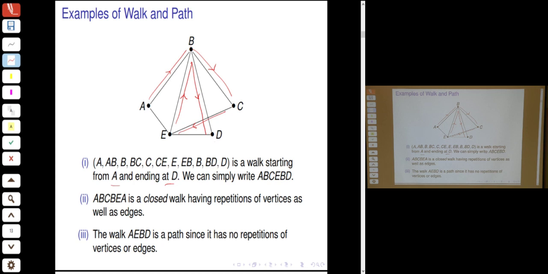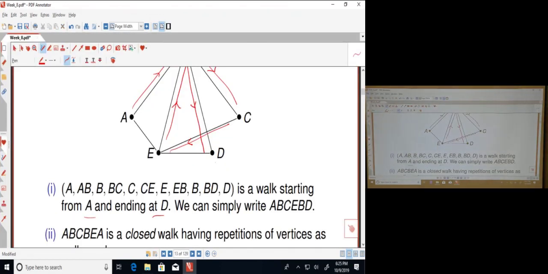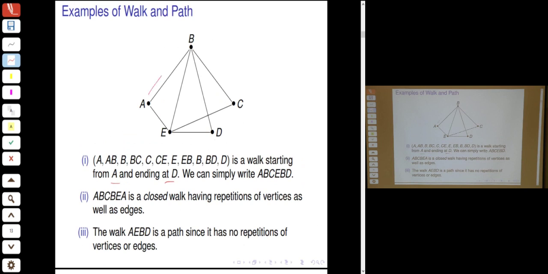So let's take another example. A to B, B to C, C to B, B to E, and E to A. Okay.